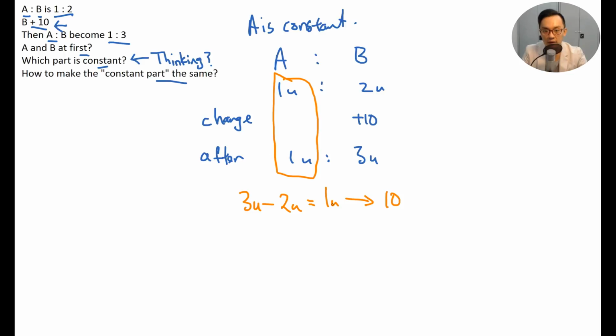And I know that 1u is 10. So therefore, at first, A equals 1u, so it equals 10. B equals 2u, so it has 20. All right, so at first A had 10 and B had 20.